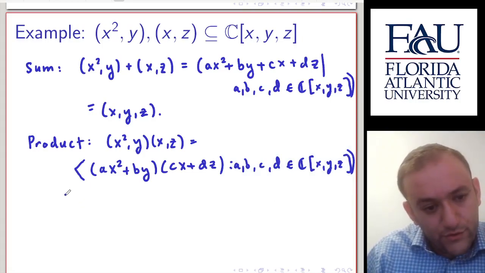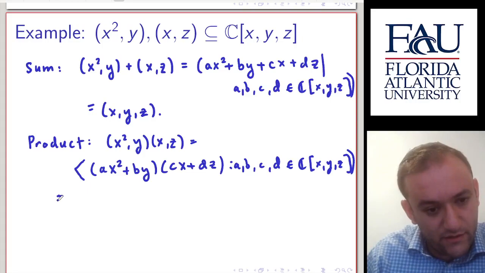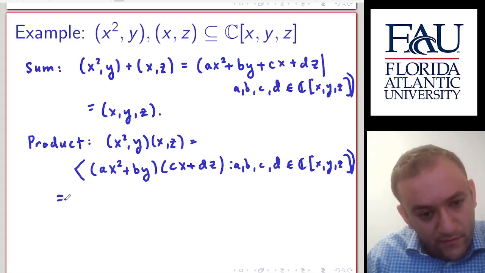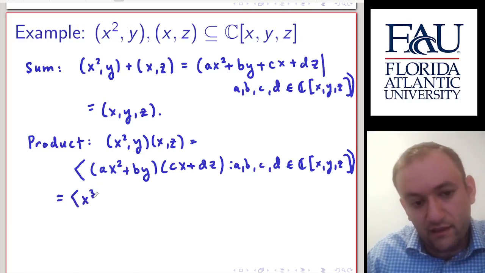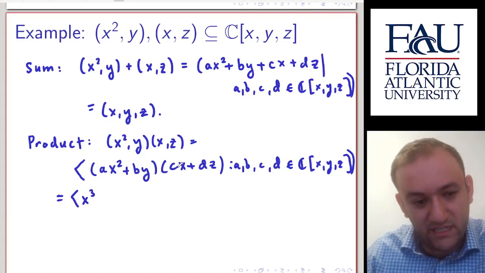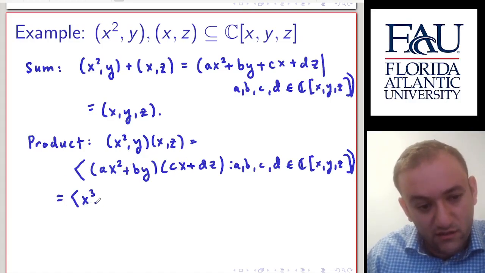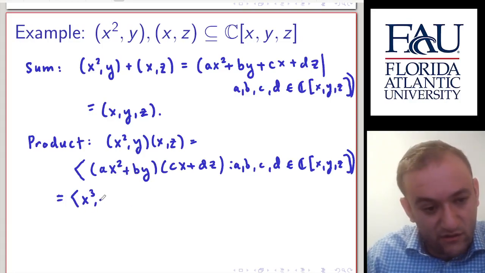Okay, so what does this look like if I wanted to get a minimal set of generators? So I'm going to take some subsets of these variables to be 0. So if I start by fixing b and d to be 0, I'll get x cubed. If I fix a and d to be 0, I'll get xy.